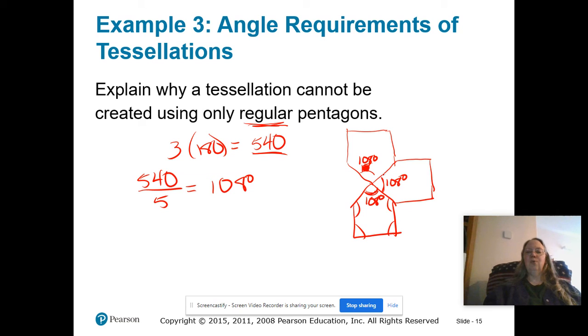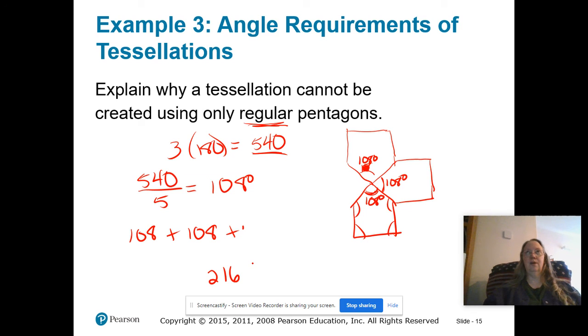Now let's add these up. We've got 108, 108, and I don't know how many of these I can have. With 2 of them, that would be 216, which is not enough.